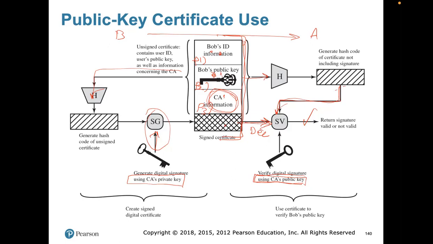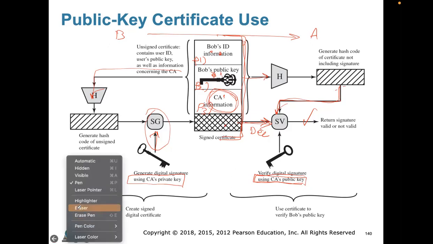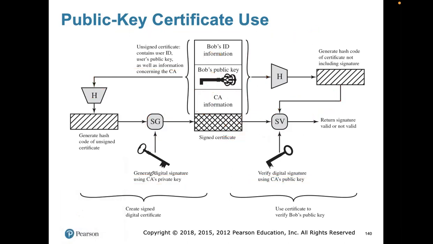If Alice wants to share her public key with Bob, Alice generates these two portions: Alice's ID plus Alice's public key, and sends them to the CA. The CA adds his own information and then generates the hash, encrypts it using the CA's private key, and sends the whole package to Bob.